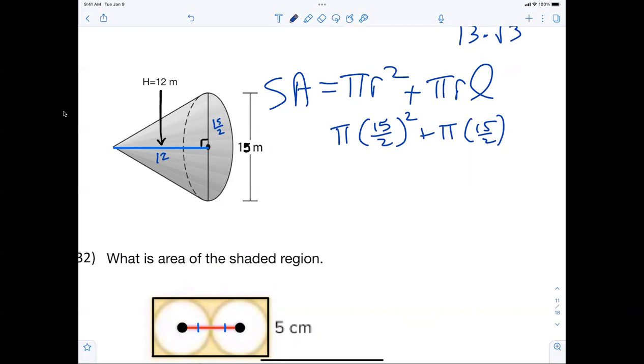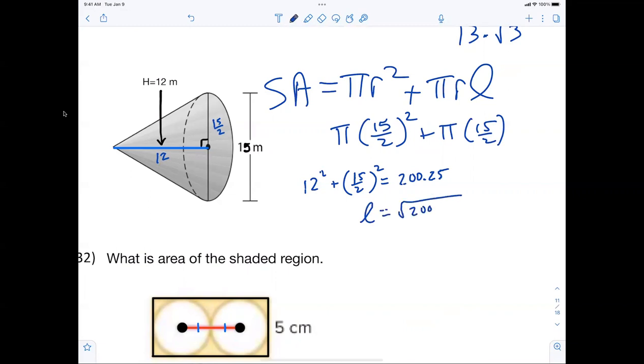Let's go ahead and do it. 12 squared plus 15/2 squared. Somebody help me, what's that? How much? 200.25. Right. So then the slant height is the square root of that.